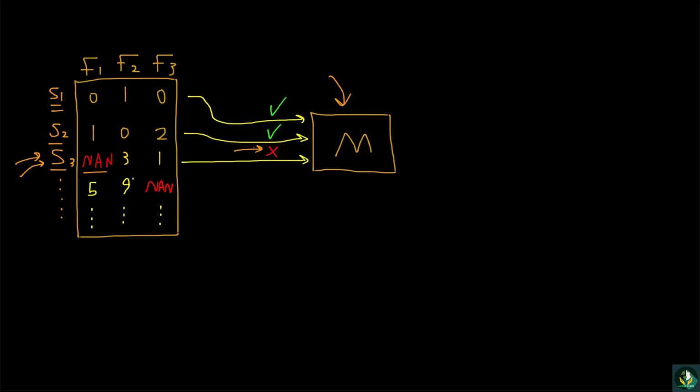Actually, most of the machine learning algorithms can't work with not a number values or missing values. So we need to process these values before passing them to our model. And that's what we will learn in this section.